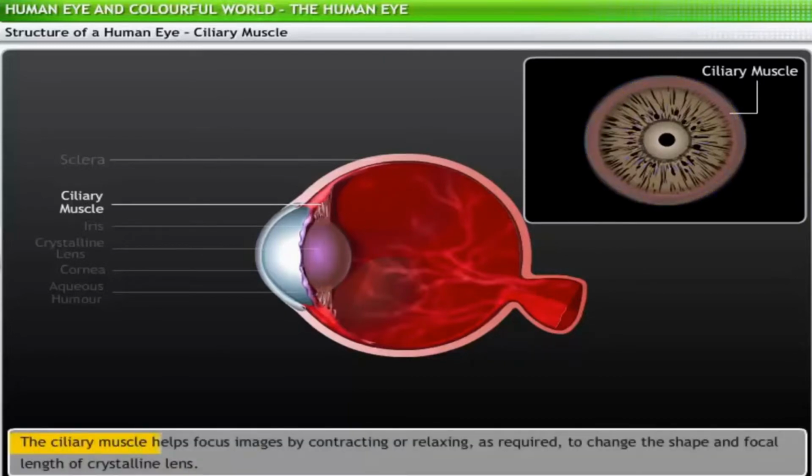It helps focus images by contracting or relaxing as required to change the shape and focal length of crystalline lens. Thus, it ensures proper vision by changing the focal length of the eye lens based on the distances of objects in the line of vision.